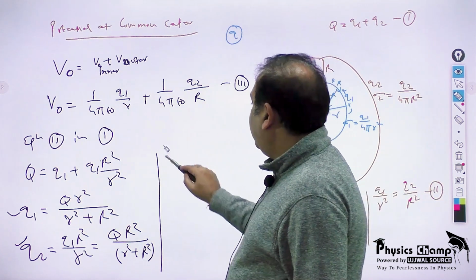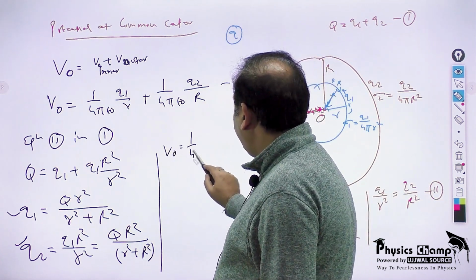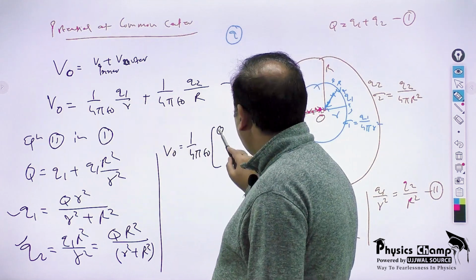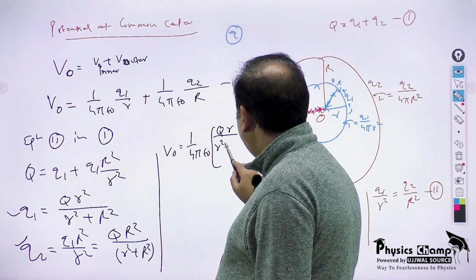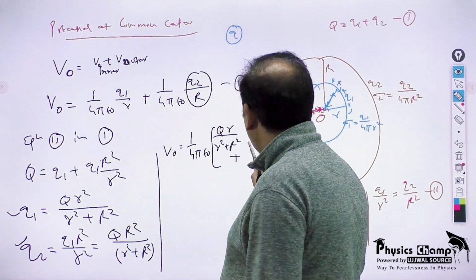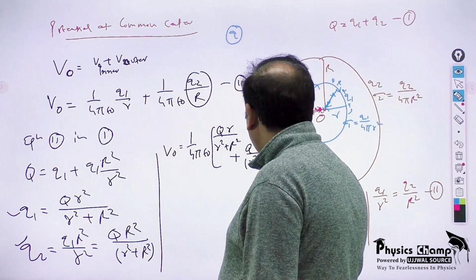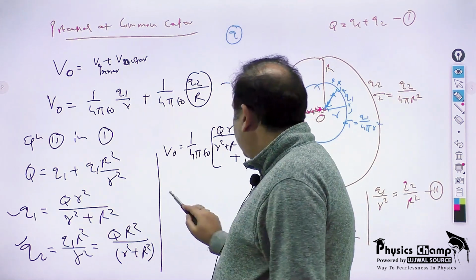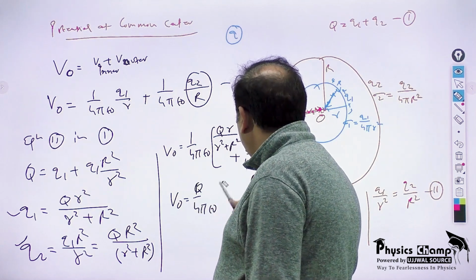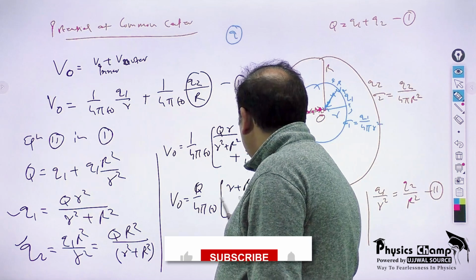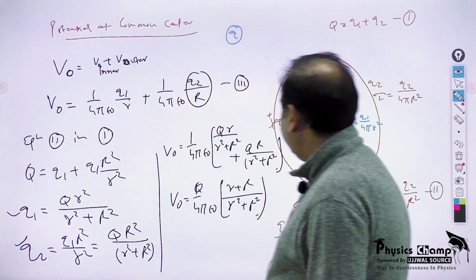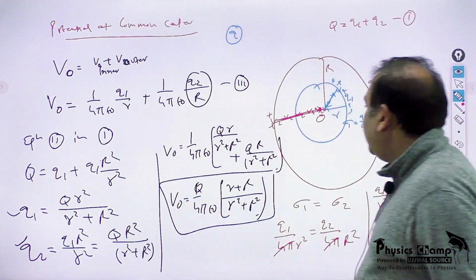We will be getting the potential at the common center O as 1 by 4 pi epsilon naught, Q1 by r, so it will become Q small r by small r square plus capital R square, plus Q2 by R. So Q2 is Q capital R by small r square plus capital R square. And thus we'll get the common center potential as 1 by 4 pi epsilon naught Q, and here small r plus capital R over small r square plus capital R square. So this is the potential at the common center.